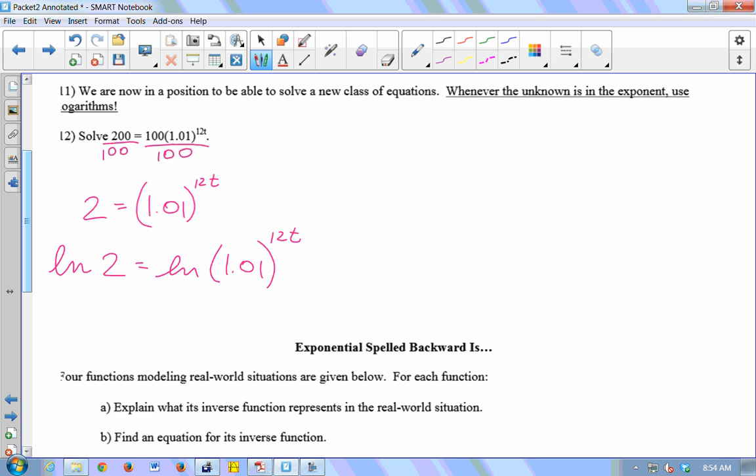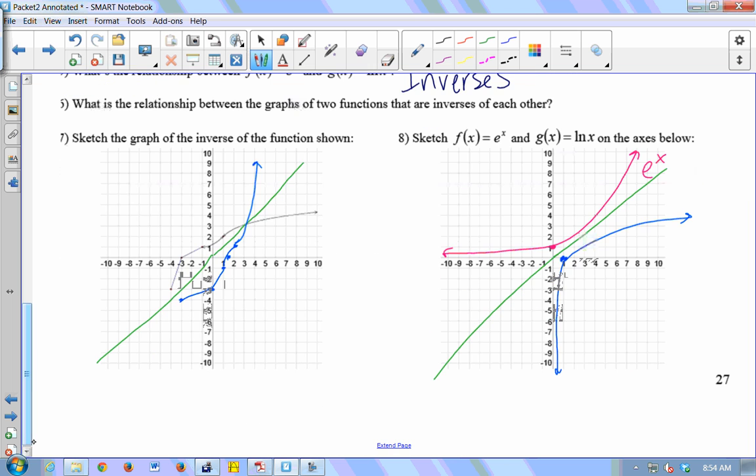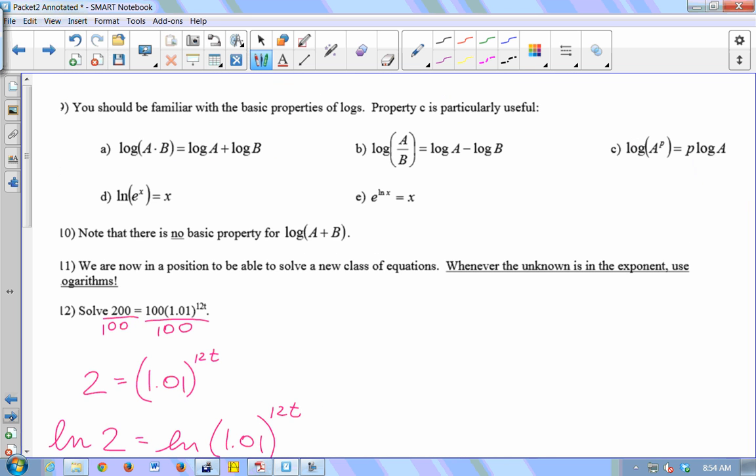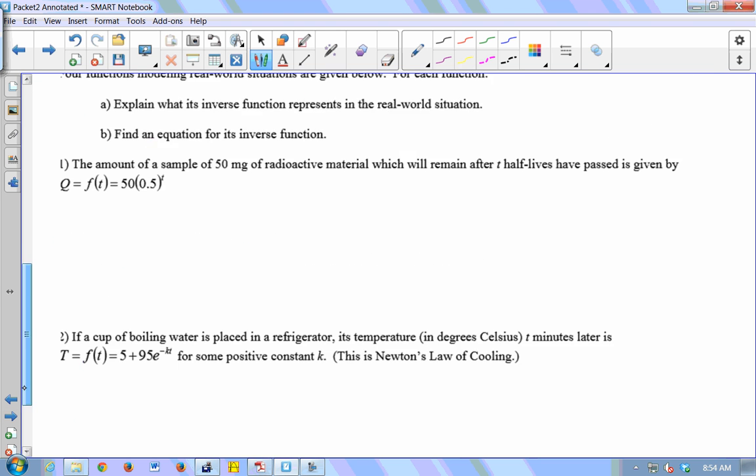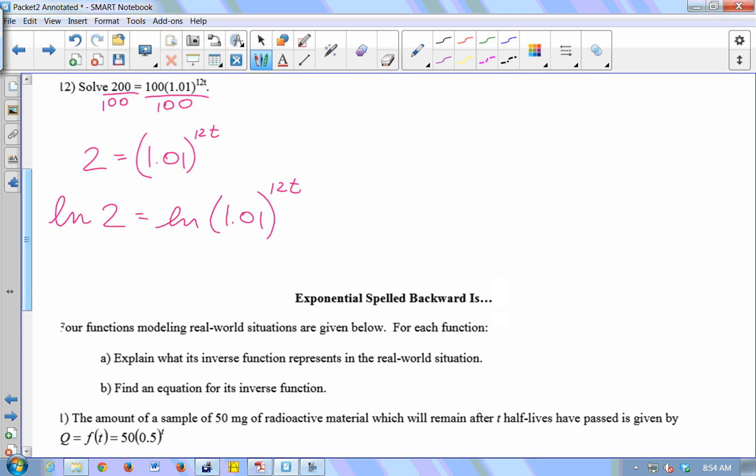And the magical thing about taking the log of both sides of the equation is that we can now use this property, where you can take that exponent and bring it down in front. So that is like a nice little trick to get variables out of exponents.